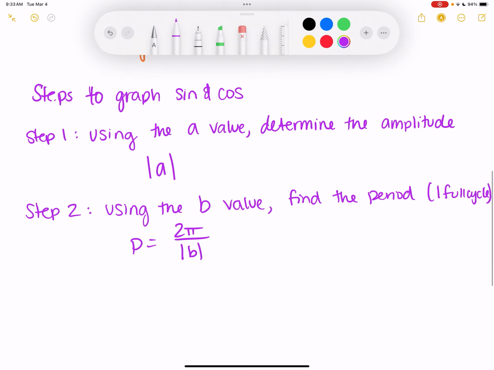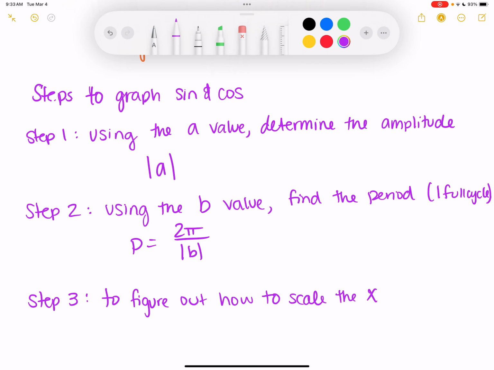Step 3. So this is where we're getting into the new stuff, since we're actually getting into graphing. To figure out how to scale the x-axis, because I'm going to be honest, in high school this was like the hardest thing, and I wish somebody would have just shown me this formula to find how to scale it instead of me sitting there playing a guessing game the whole time.